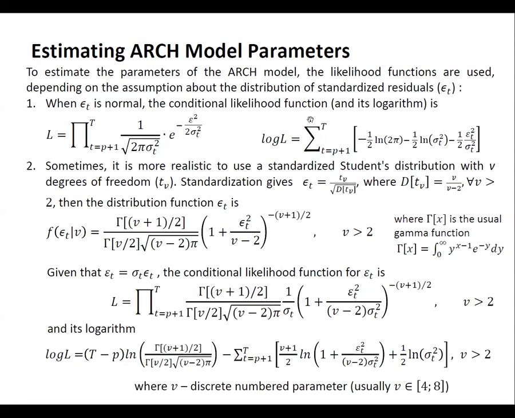In this case, the likelihood function will be the product of the density of the normal random variable. Since we have an ARMA plus ARCH model, here we have the squared ARMA error divided by the ARCH process variance. This is our variance, which is estimated by ARCH.